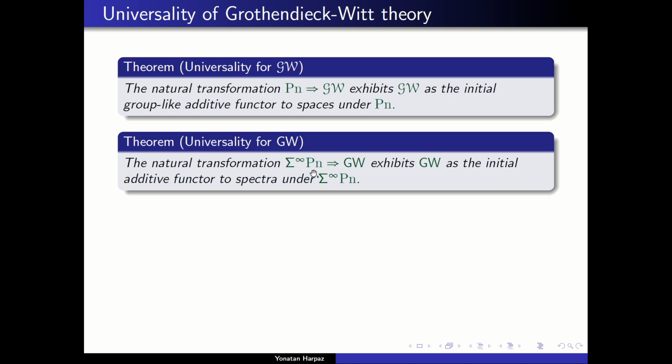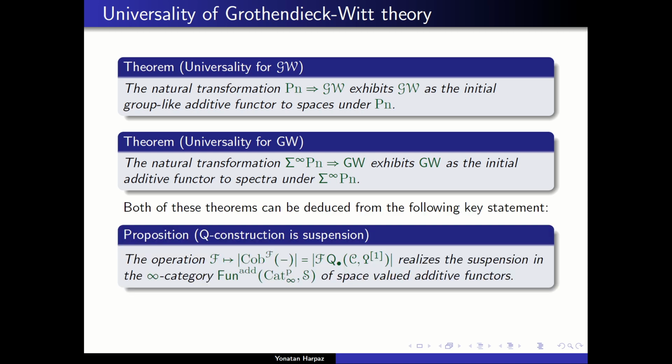And similarly, the GW spectrum is the universal thing that we can obtain from the raw invariant Pn if we want a spectrum-valued invariant that is additive. And both these theorems can be deduced from the following key statement, which in principle simply says that the Q construction realizes the suspension in additive functors.